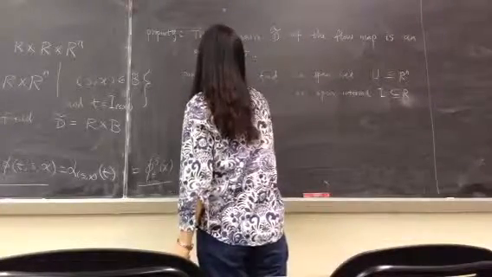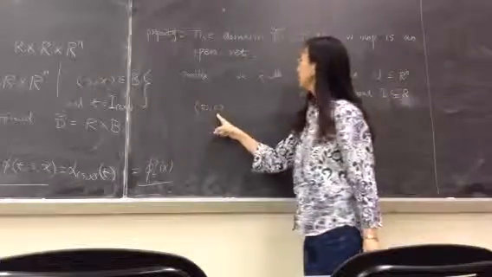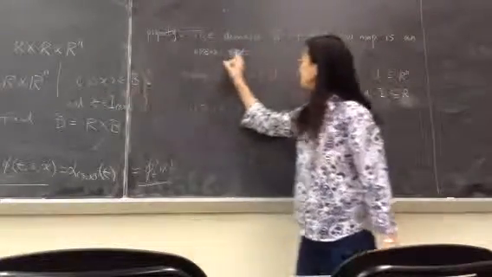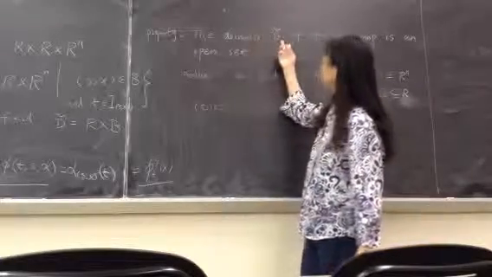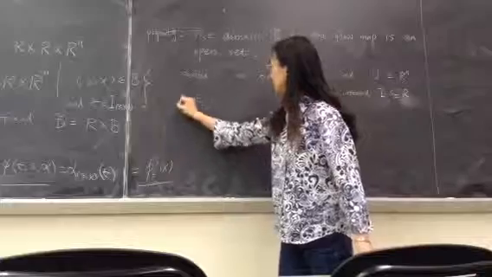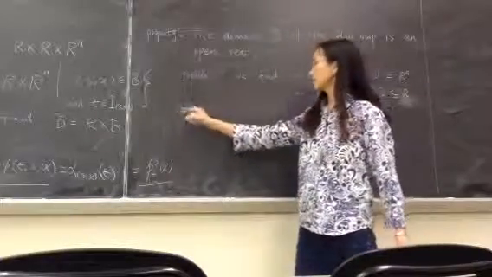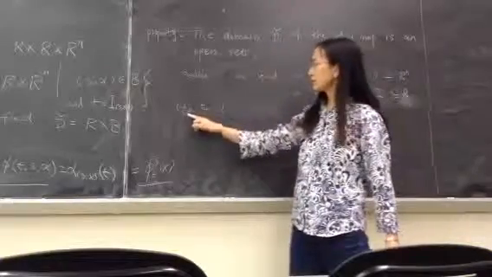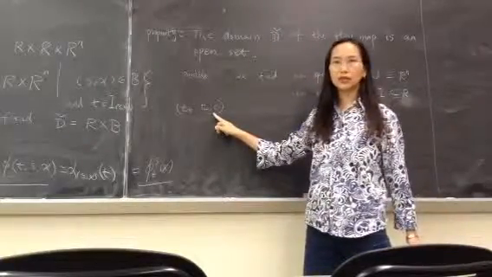Suppose this is a point from d tilde. Now we're looking at d tilde, a set with these components, so we just pick one point from d tilde.